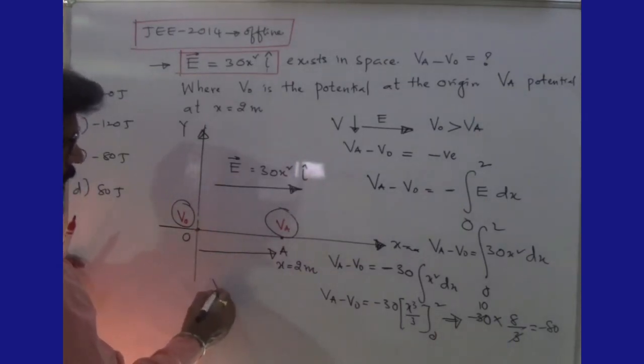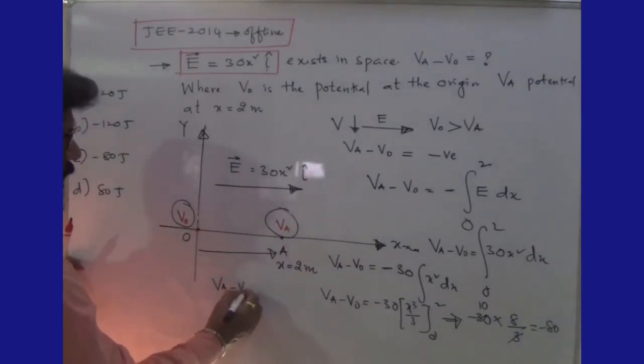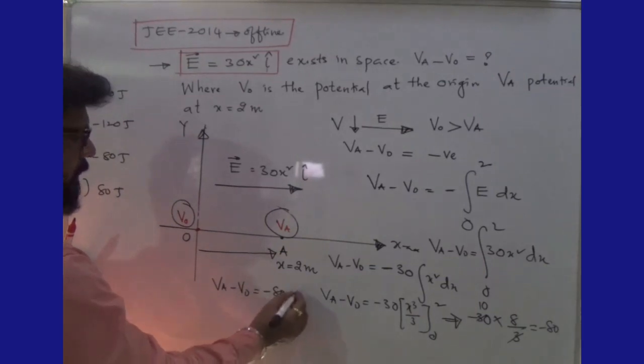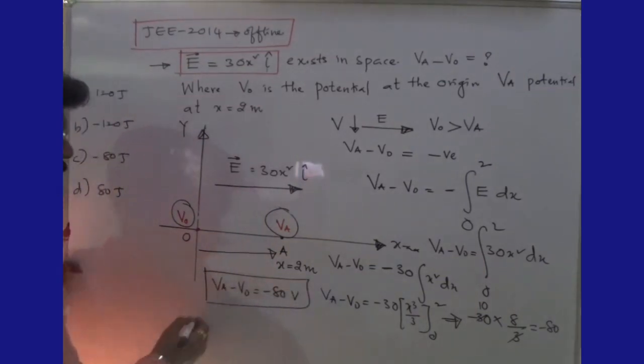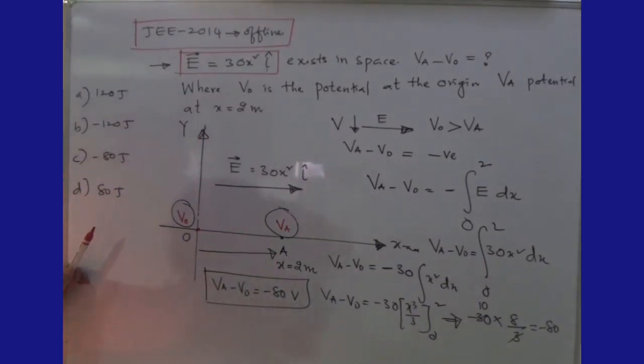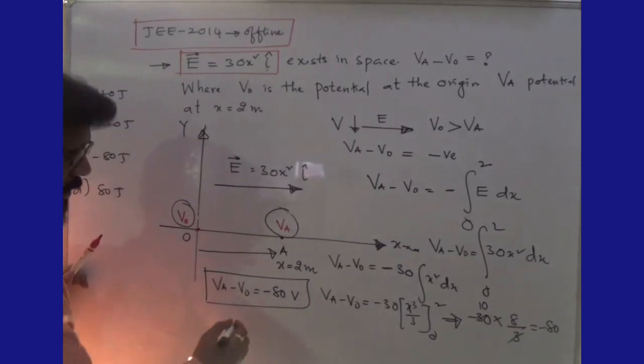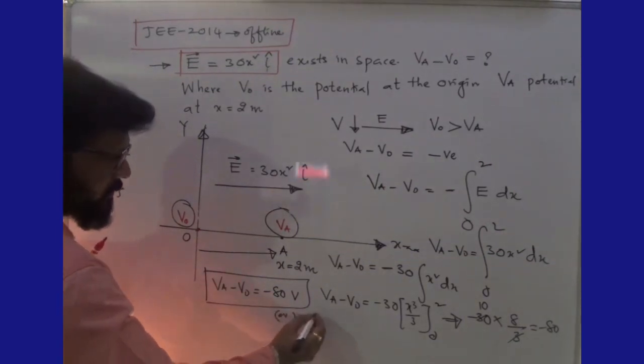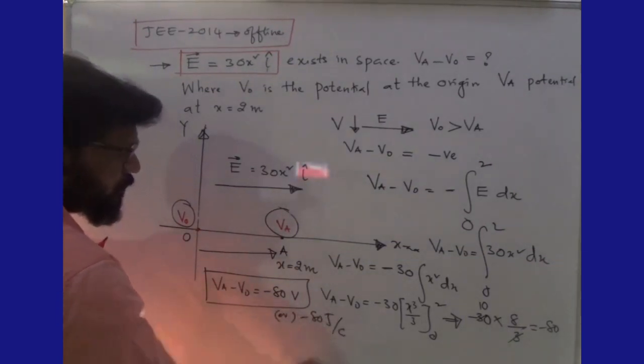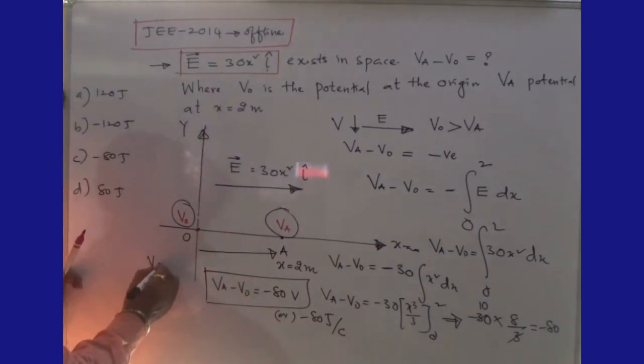Now VA minus V0 is equal to minus 80 volts, or we can write the answer as joule per coulomb, because potential is work done per unit charge. So we can write it as minus 80 joule per coulomb.